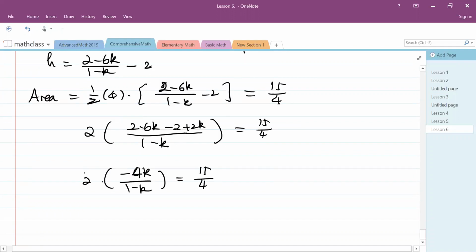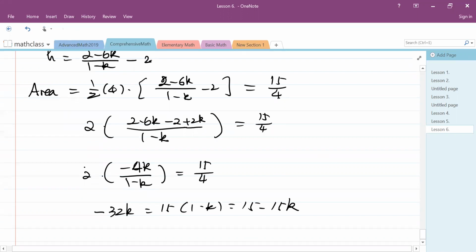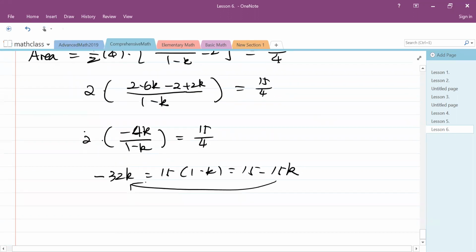Okay. All right. So you do the cross multiplication. So 16 negative 4 times 4, 32k, 15, 1 minus k. Then I move this term to the right-hand side. I will get, oh, what do I get? 17k, right?